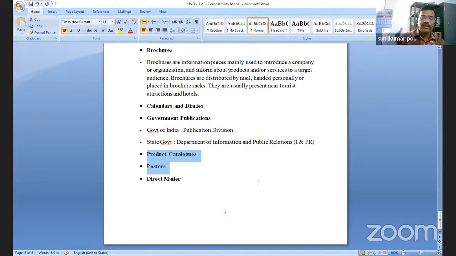All this information is given in the form of a poster. And another publication is a direct mailer. Direct mailer means they take the emails of the employees, wholesale dealers, retail dealers, stakeholders. They will send the information directly to their public only. Public means here internal public and external public.